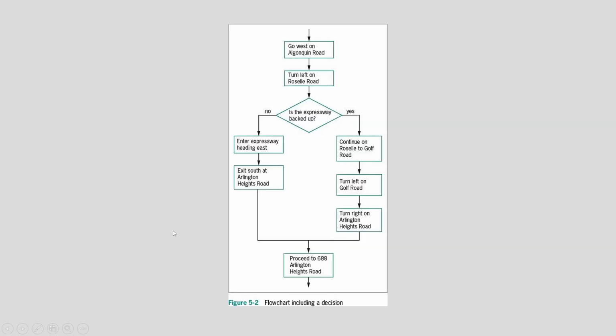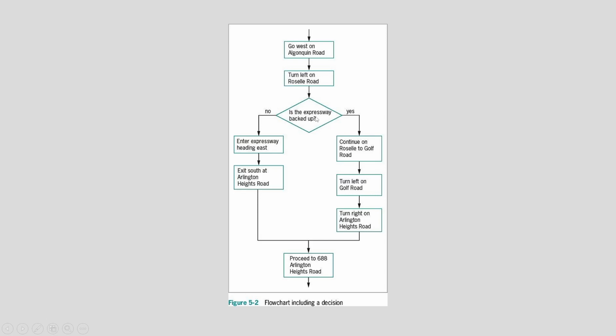Just like this figure, which shows a flowchart which includes a decision. The first two steps here are being executed one after the other. And after the second step, that is after turning left on Russell Road, we have a decision logic here that evaluates either yes or no, or true or false.